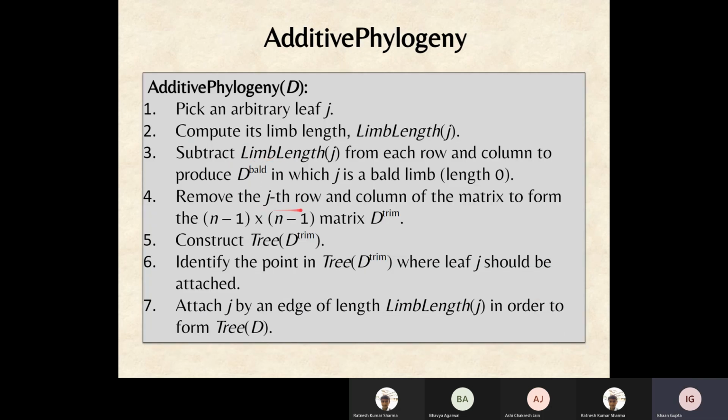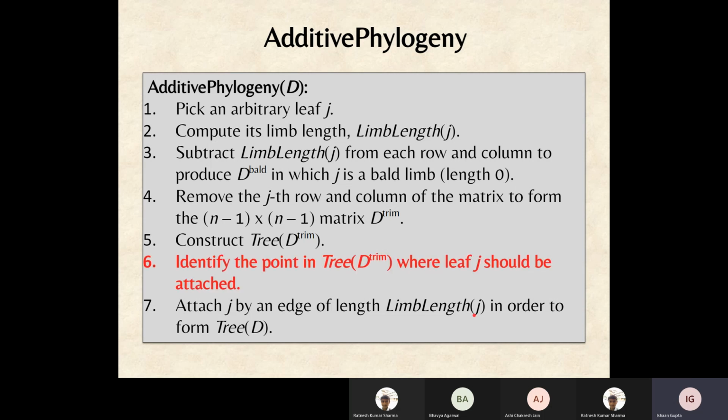Now you remove this jth row, this arbitrary row that you took, and you create this trimmed matrix. You have the j bald here. You construct the tree from the trimmed matrix, and now you have to identify exactly where in this tree you should attach the leaf j. Once you have attached the leaf j, you already know the limb length of j, so you can reconstruct the tree.